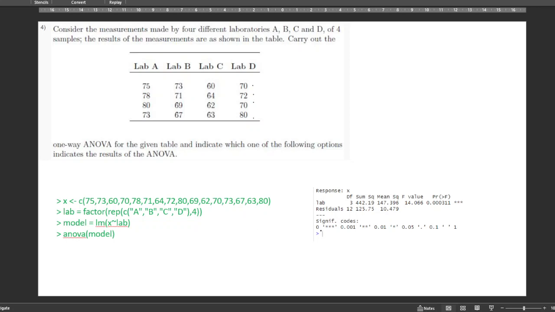In that we get the sum of squares and mean square values as 442.19 and 147.396, the F value as 14.066, and the probability of the F value occurring is 0.003, so it's very less. What they are asking from this is which option matches; this result matches one of the options which they have given. So this is how we have to perform the one-way ANOVA.